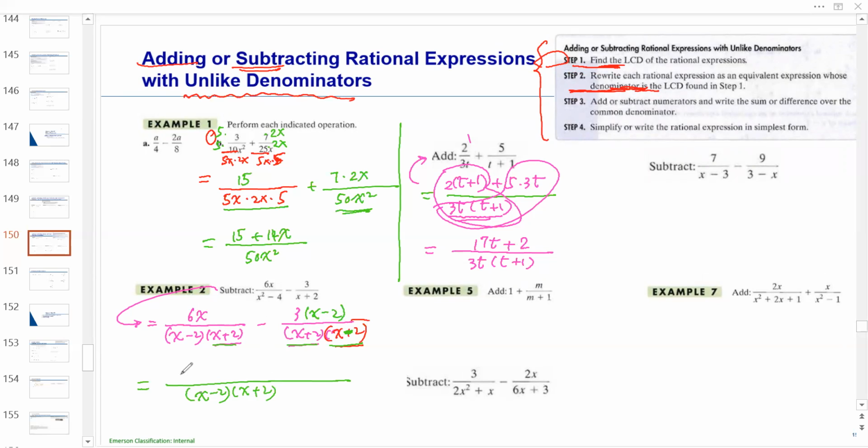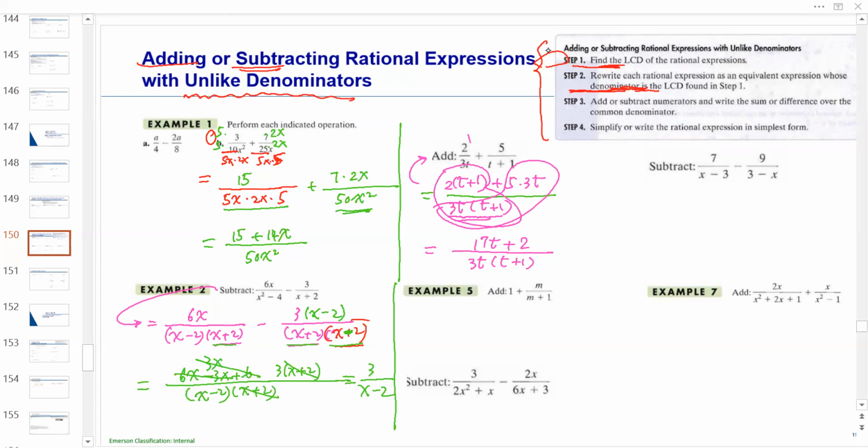The top part: 6x minus 3x plus 6, so you get 3x plus 6. We can continue to simplify because they have a common factor. Factor out, and you get 3 over x minus 2. That's it.